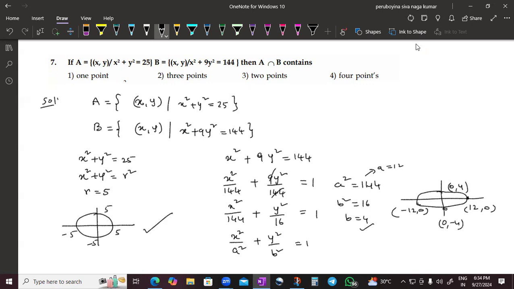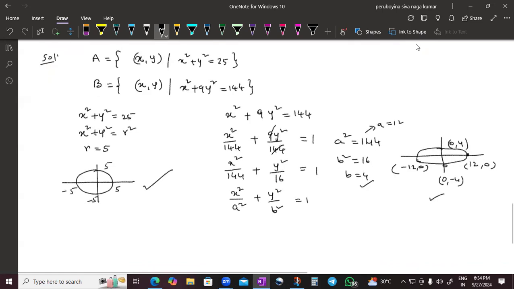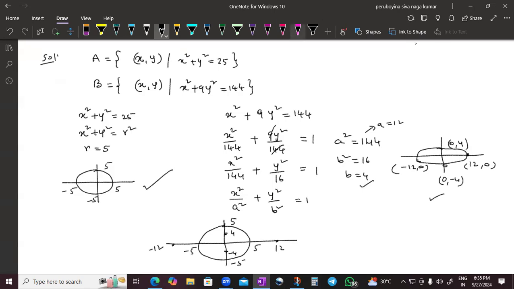Merging these two graphs together, this is a circle of radius 5 units. The x points are 12 and minus 12, and the y points are 4 and minus 4. From these points you have to draw the ellipse.